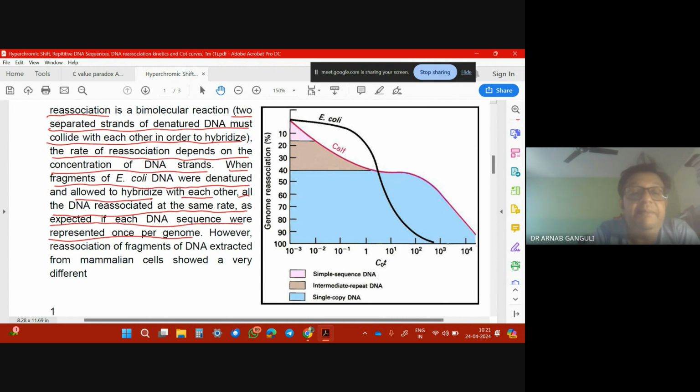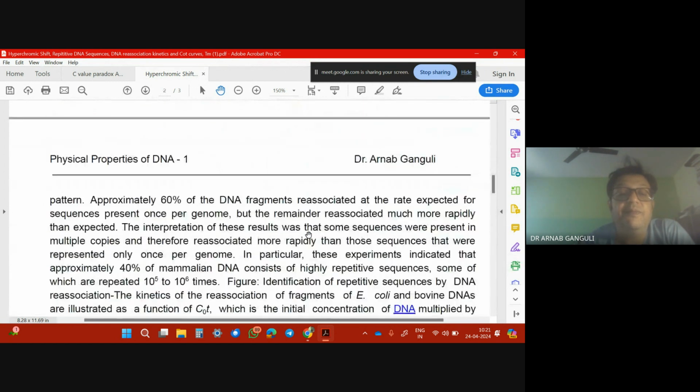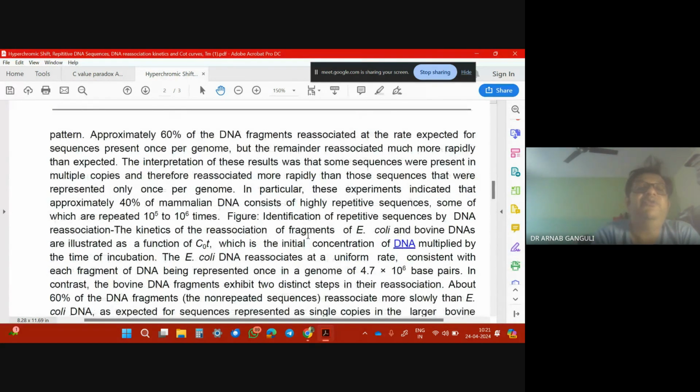But mammalian DNA showed a very different result. What was found was that approximately 60% of the DNA fragments reassociated at the rate expected for sequences present once per genome. So 60% of them were non-repetitive. They are present once in the genome.